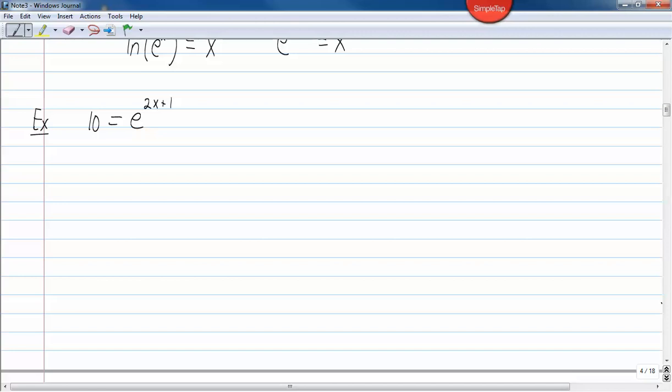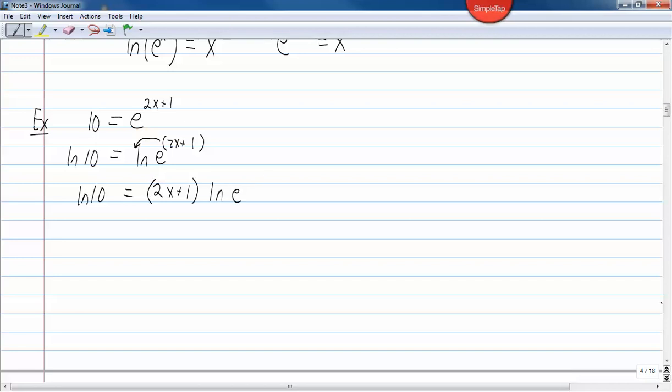If I take the natural log of both sides, I'd have the natural log of 10 equals the natural log of e to the 2x plus 1. Then what that does is that allows me to move this power here in front of the natural log. So I have the natural log of 10 equals 2x plus 1 times the natural log of e.